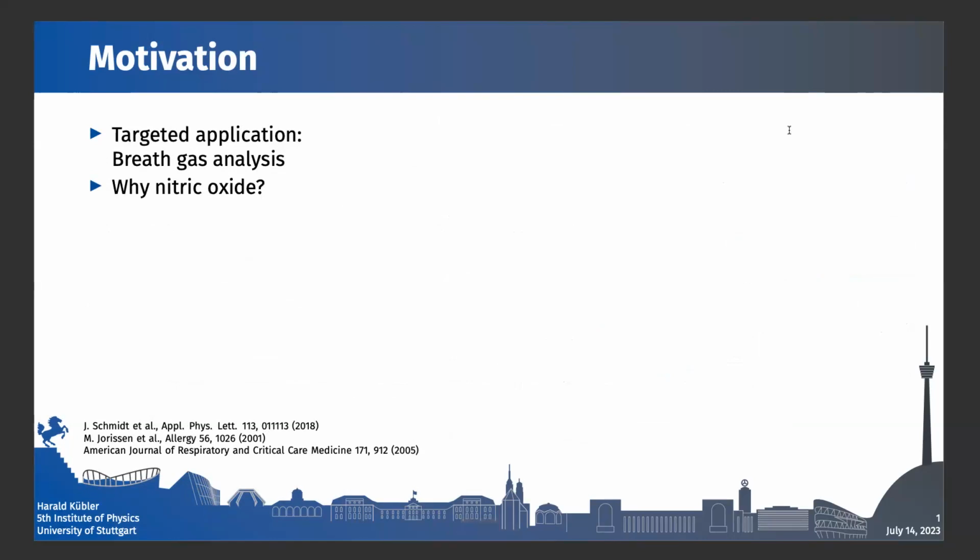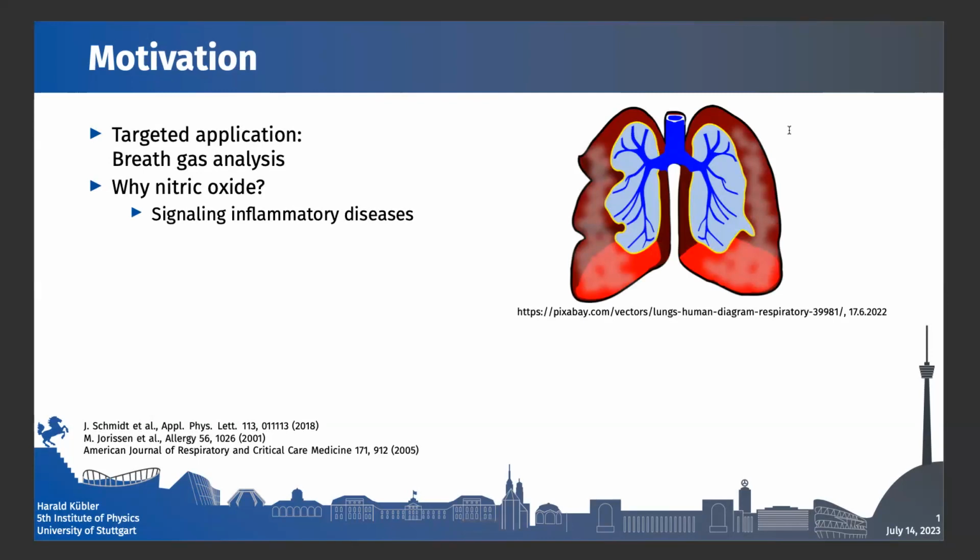Nitric oxide is an important molecule in your body, and it's a signaling molecule for inflammatory diseases. That means lung cancer, asthma, all those diseases make you exhale a little bit more nitric oxide.